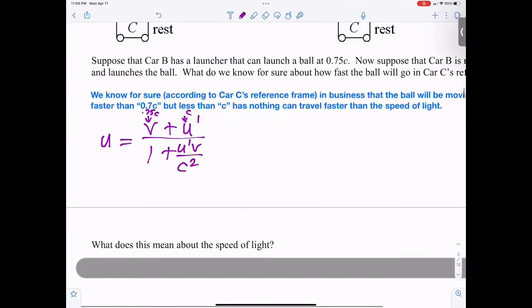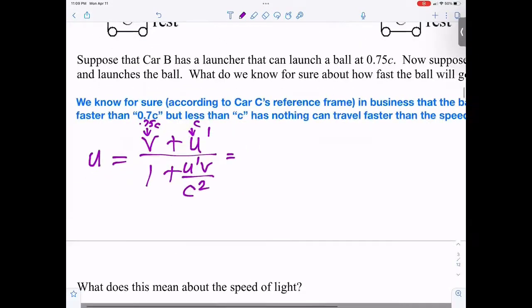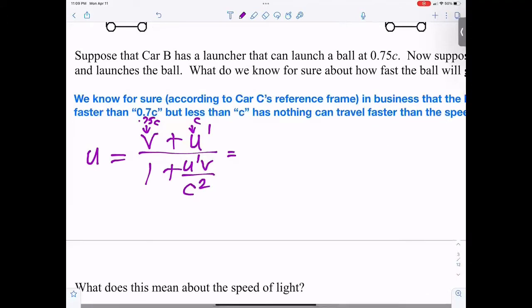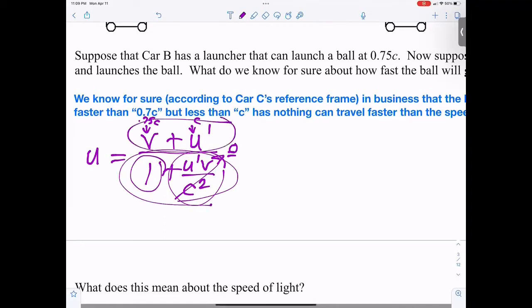Now you'll notice that at very slow speeds, this number becomes closer and closer to zero, because you have a very small numerator over the speed of light squared, so that whole thing goes to 0 plus 1, which basically means the denominator goes to 1, and you're just adding the speeds.